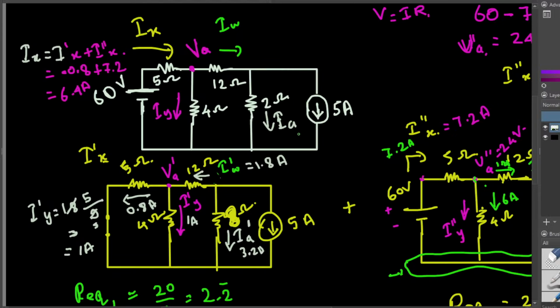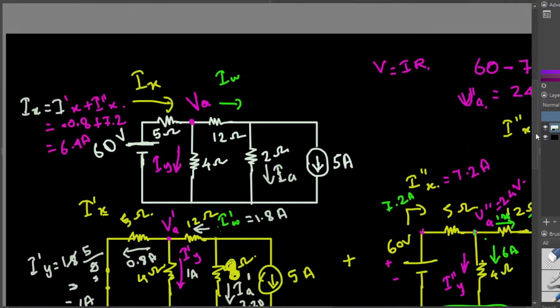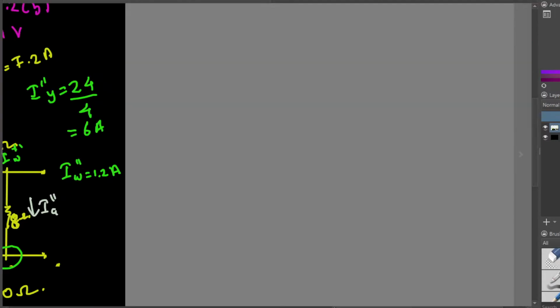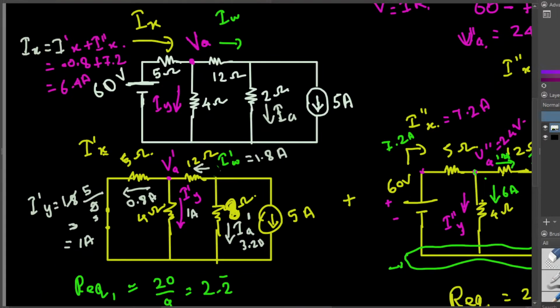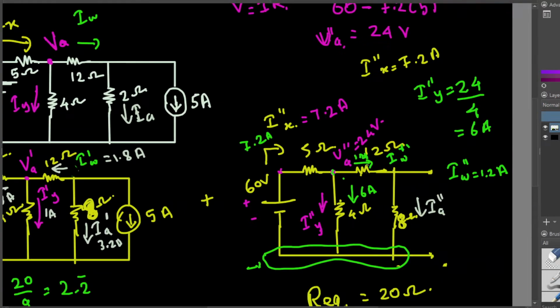Let's look at the IW. IW prime we found out here, that's 1.8 ampere in this direction. That's again the opposite of the direction we assumed, so that's going to be negative. And what about this? In this circuit, did we find that? This is from this circuit.